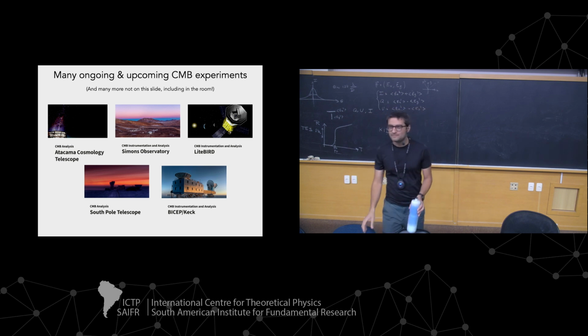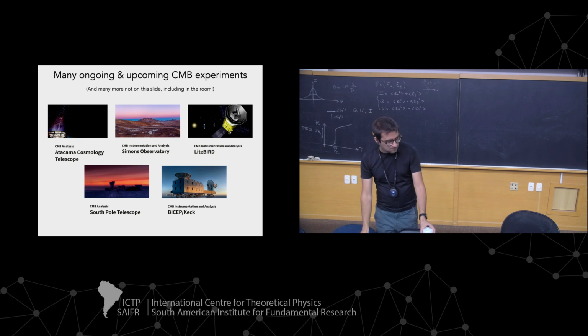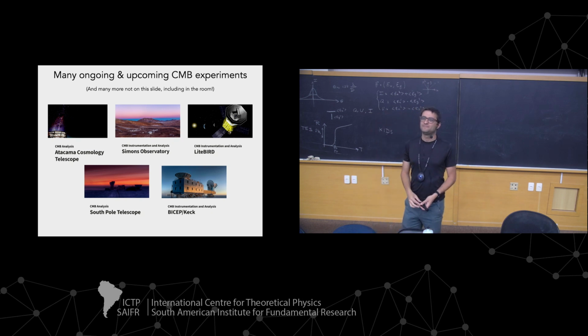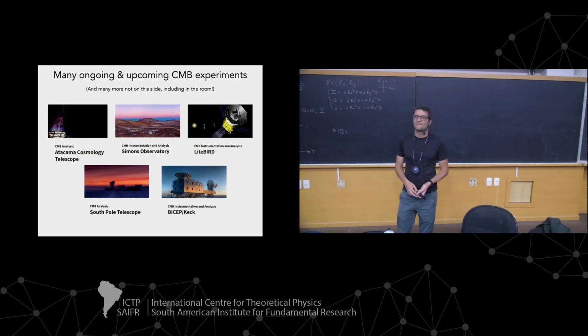Well, QUBIC is also a CMB experiment that tries to measure the B mode of the CMB, but it has a very special structure because it combines interferometry and bolometry.